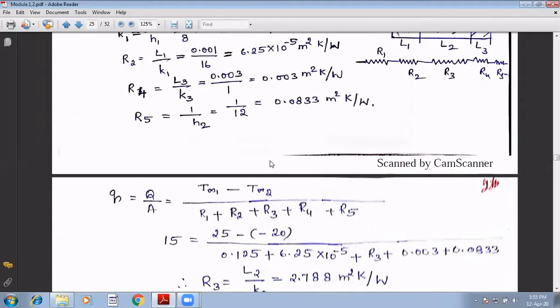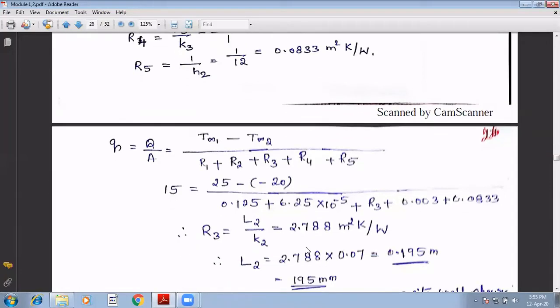Now the same thing is done here. The heat flux Q is given as 15. Change in temperature, 25 is outside, minus 20 is inside. We need to take the difference, so minus of minus will get added. The only unknown is R3.